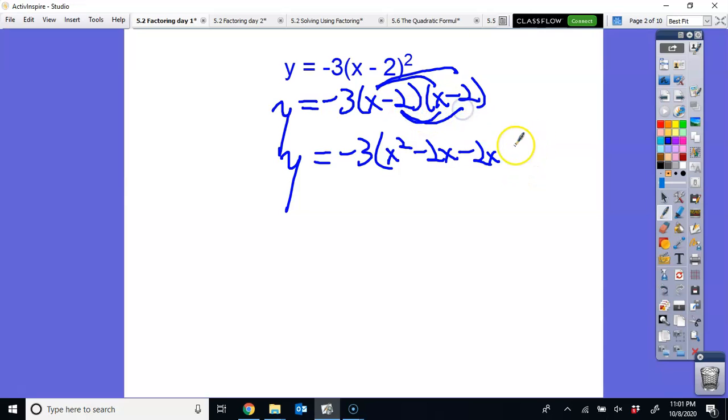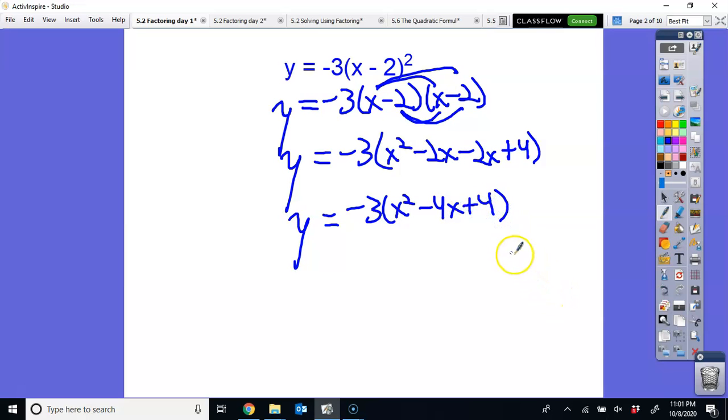Negative 2 times negative 2 is positive 4. That gives me x squared minus 4x plus 4. Notice the x squared came from the x and the x. The positive 4 on the end came because it was a negative 2 times a negative 2.